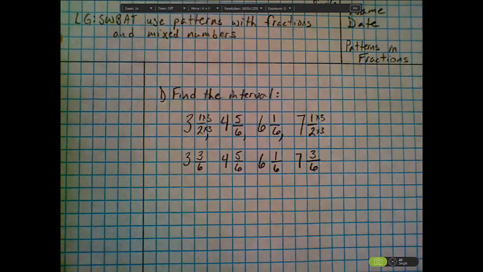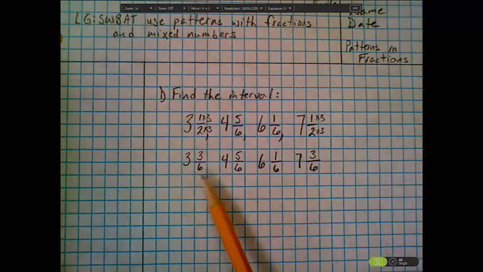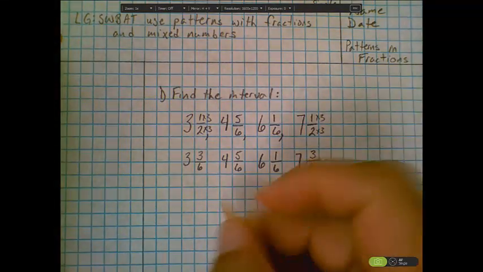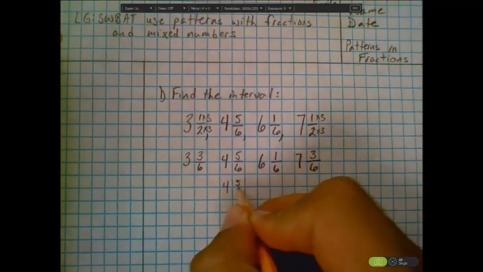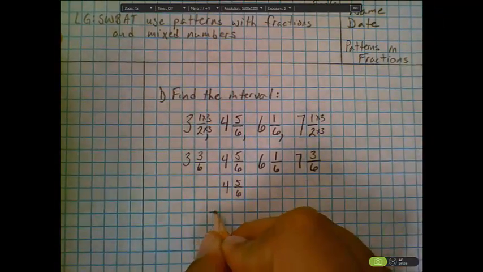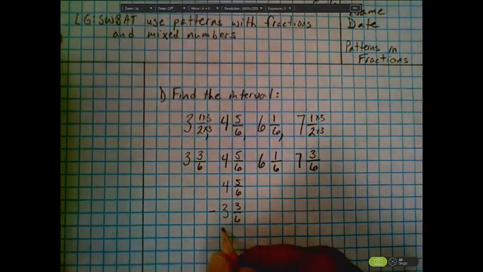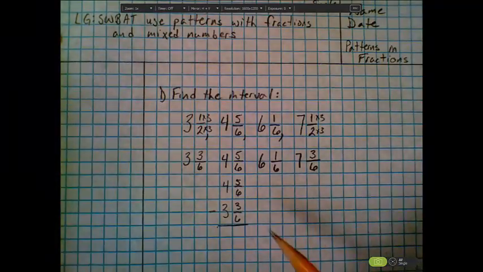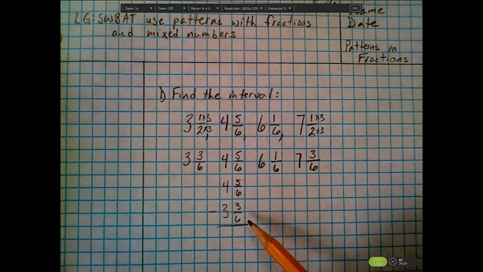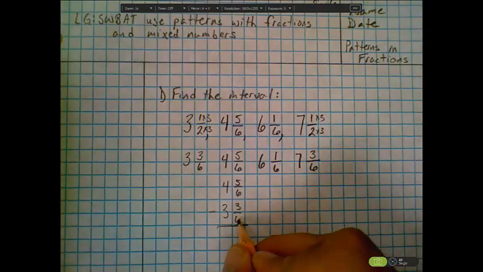And so now we need to find the interval. You'll remember we find the interval by subtracting the smaller term from the larger term. So 4 5/6 subtracting 3 3/6. So we'll do that right here. Since we've already got the same denominator, we don't have to change the denominator.